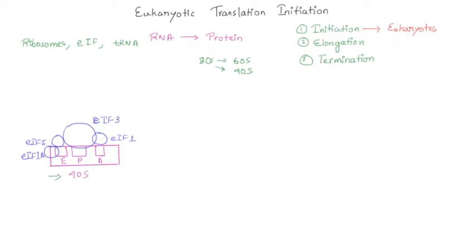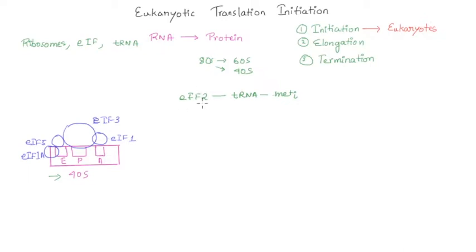Another initiation factor, which is called EIF2, brings in the tRNA bound to the initiator amino acid, that is methionine. So in case of eukaryotes, we don't have formyl methionine or FMET, we only have initiator methionine. So it is written as MET-I.